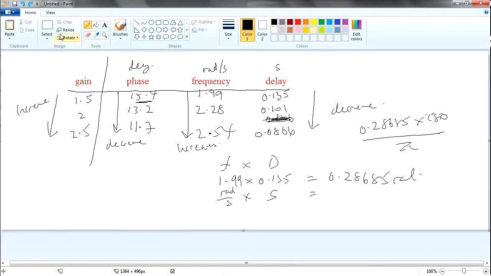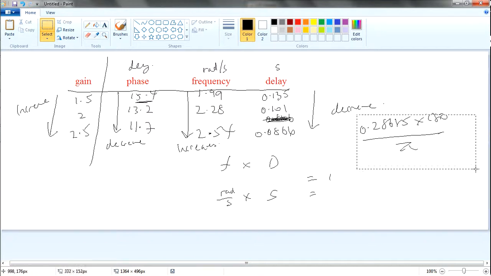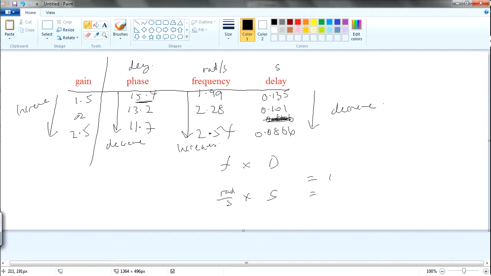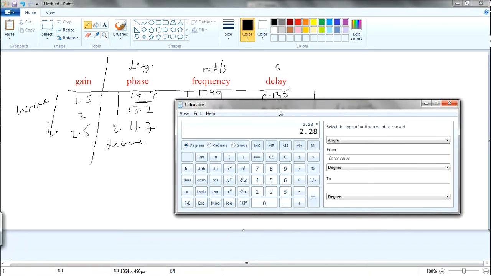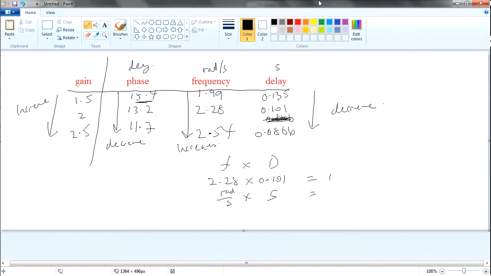Okay, if you still don't trust me, let's try for another value. Let's say the frequency equals 2.28. 2.28 times 0.101, what do I get? We have 0.23028.